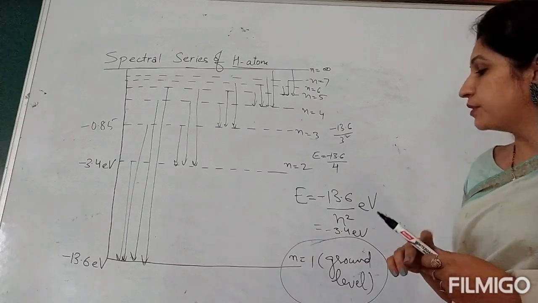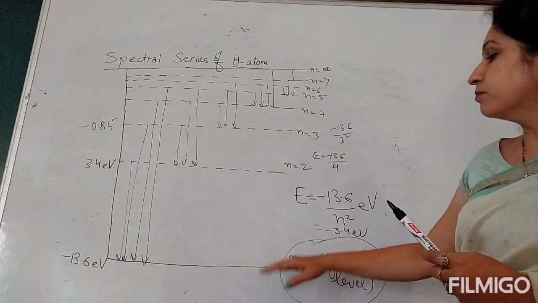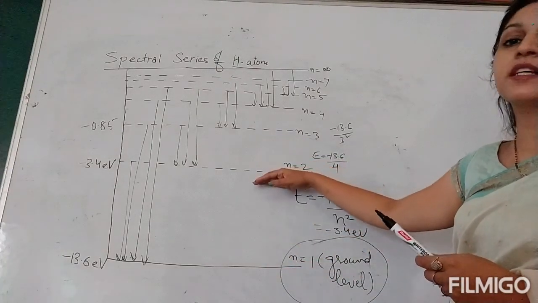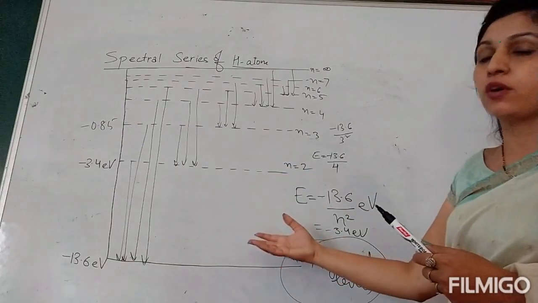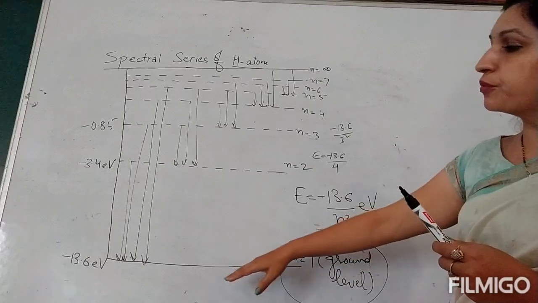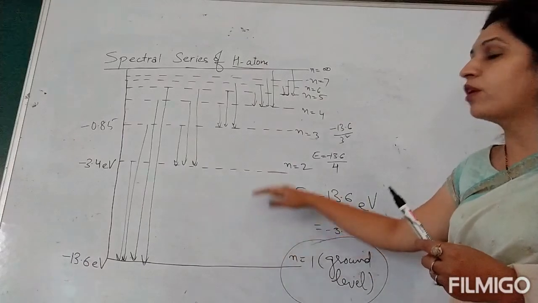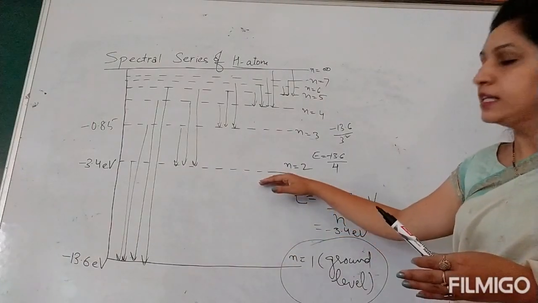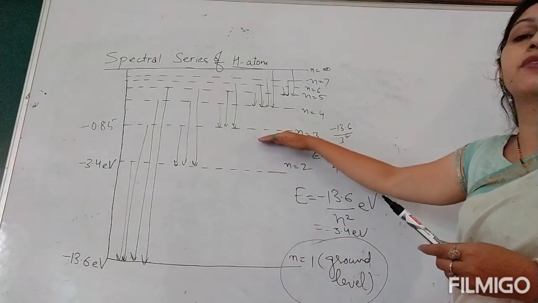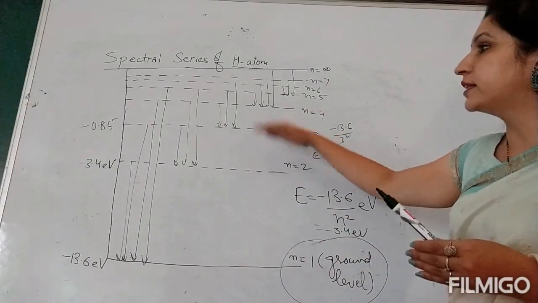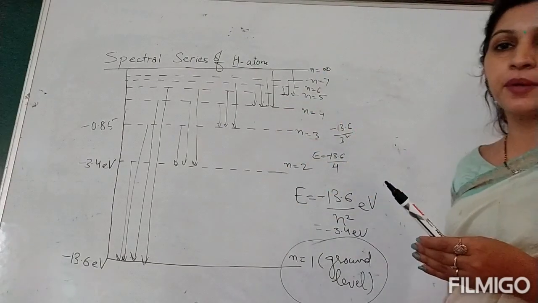Excitation energy is the energy required by an electron to jump from the ground state to the first excited state. We need to give some energy to move the electron from the ground state to the first excited state, and that energy is called the first excitation energy. Similarly, moving the electron from the ground state to the second excited state requires the second excitation energy. Similarly for the third, fourth and so on, you can calculate.